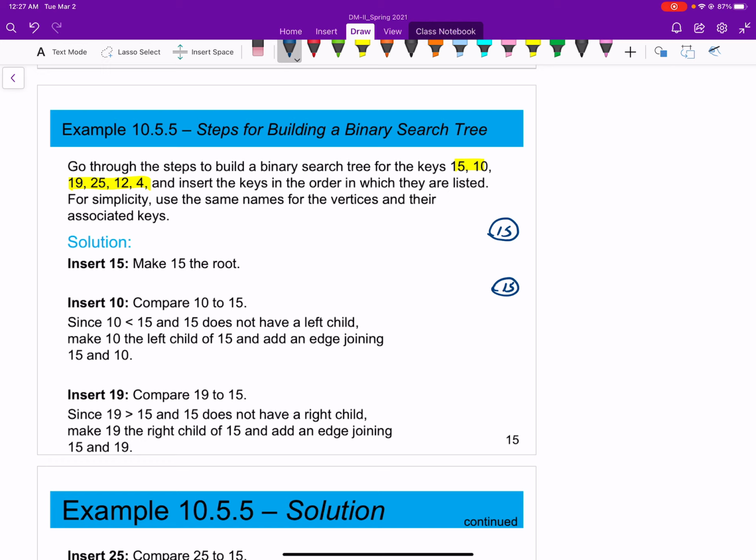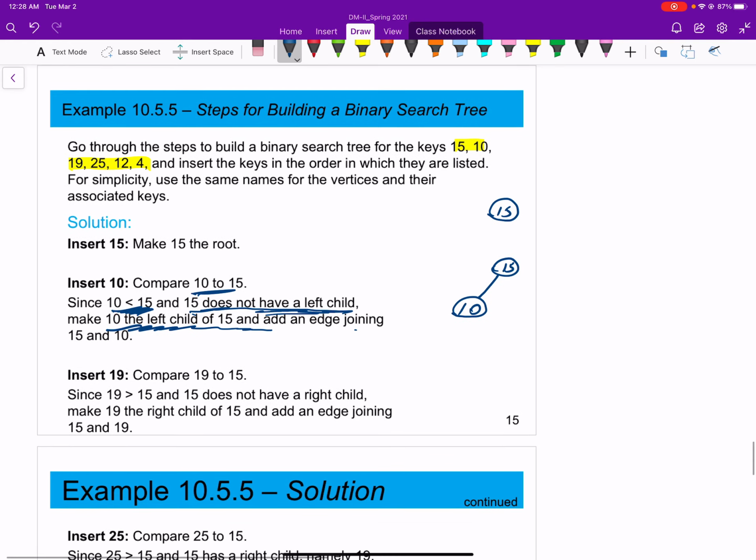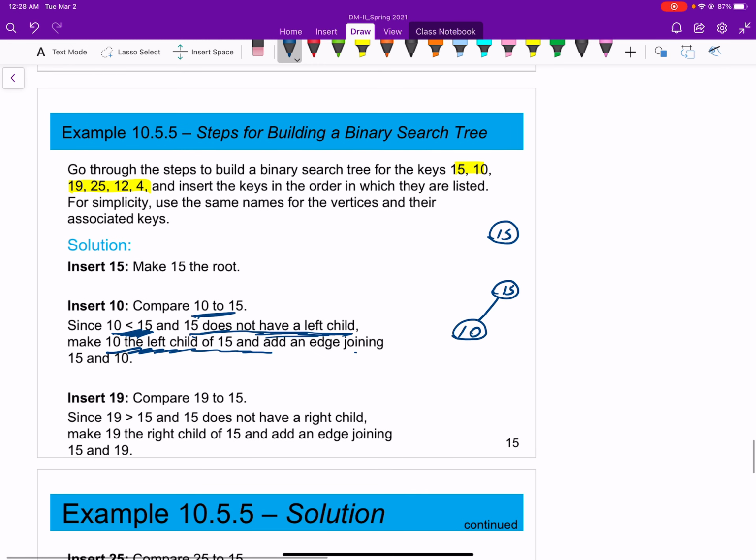Now you have to add 10. Compare 10 with 15. Since 10 is smaller than 15 and 15 does not have a left child, make 10 the left child of 15 and add an edge joining 15 and 10. So you put 10 here and then add an edge. Okay, so that's step number 2.